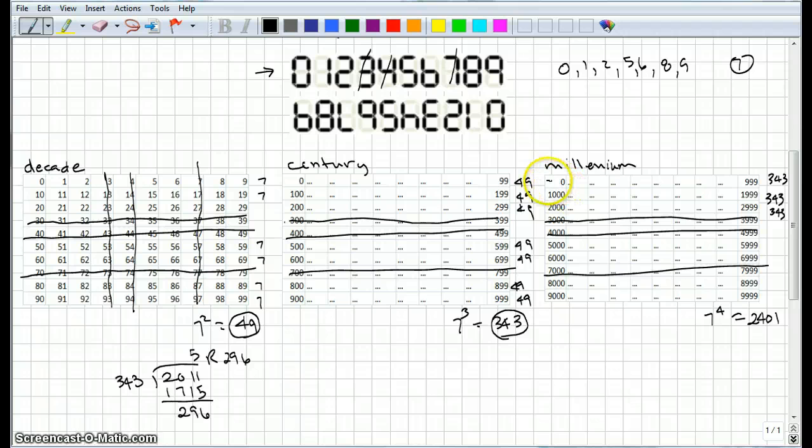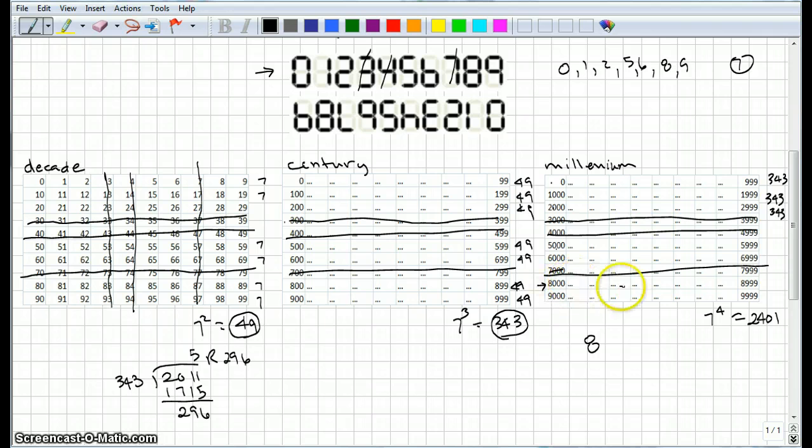So 1, 2, 3, 4, 5 full millennia, and 296 more is going to put us here at the 8,000s, because we have to skip the 7, right? So this is the first millennium, 1, 2, 3, 4, 5, skip the 7, that's crossed out, and so we end up at 8. So we know that the thousands place of the number that we're looking for is an 8.